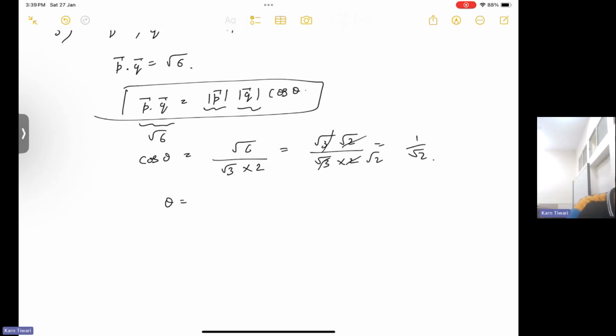If you don't remember the exact values for 30, 60, 45, the simple rule is this: in the 45 degree triangle, both sides are equal and the hypotenuse is √2.